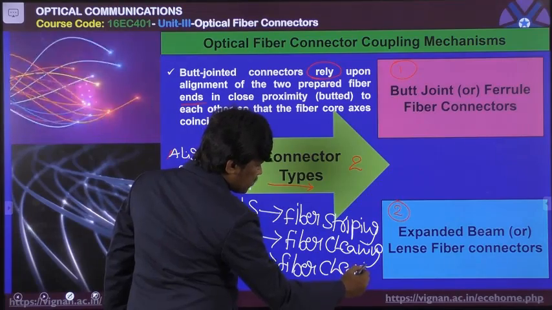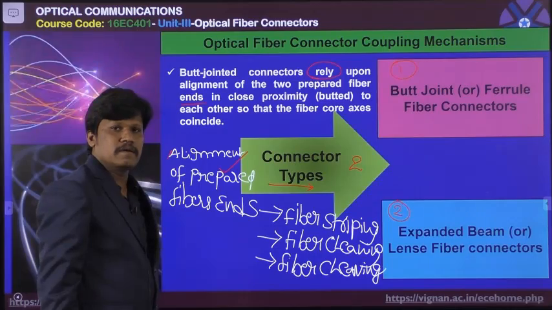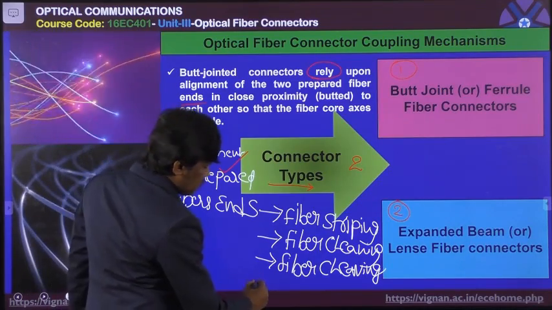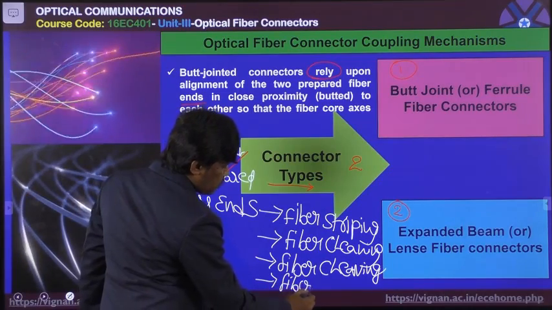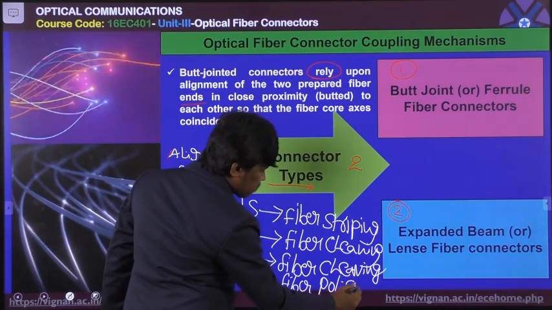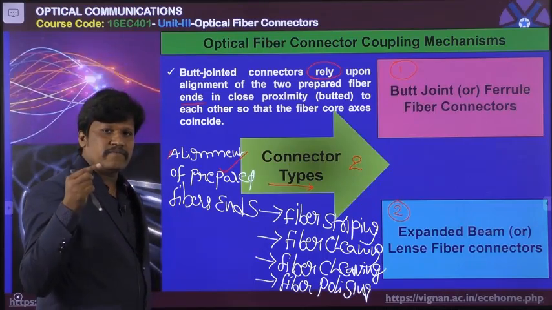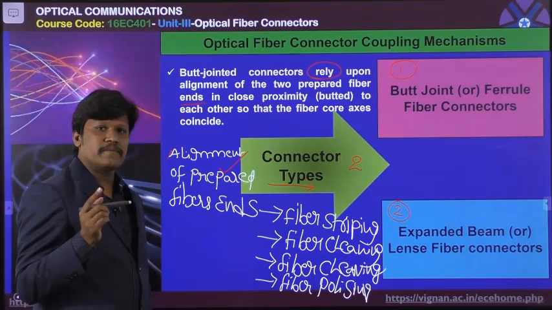Cleaving is nothing but cutting the portion of the optical cable. And last one is fiber polishing, to make the fiber end smooth. Fiber polishing is nothing but to make the fiber end smooth.